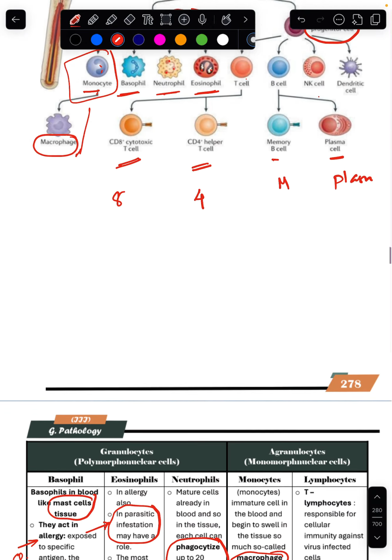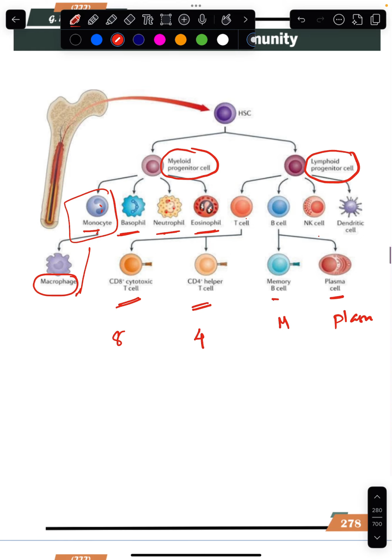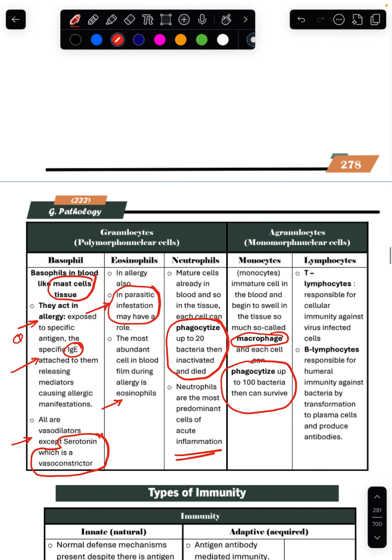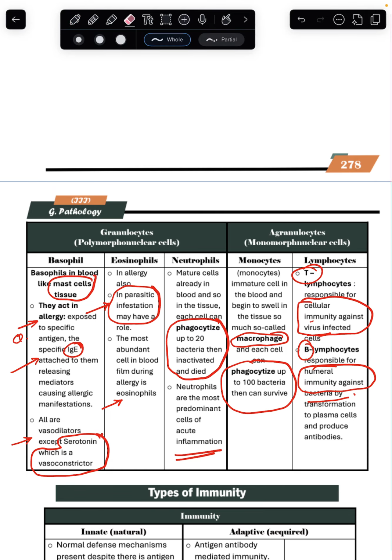This is the monocyte from the myeloid progenitor, and this is the lymphoid progenitor: T lymphocytes and B lymphocytes. T is responsible for cell-mediated immunity against viruses, and B for humoral immunity, immunoglobulins against bacteria.